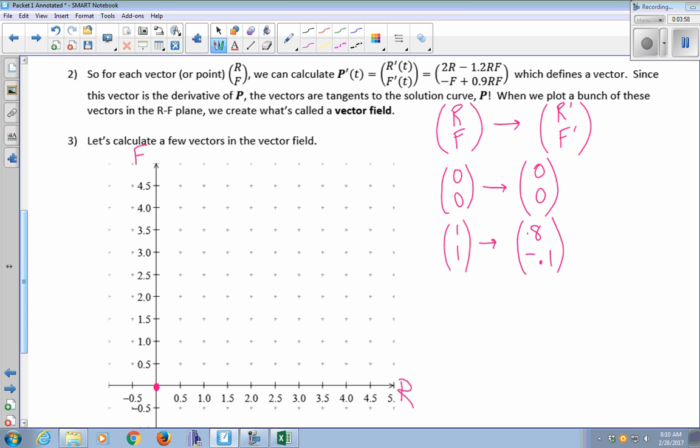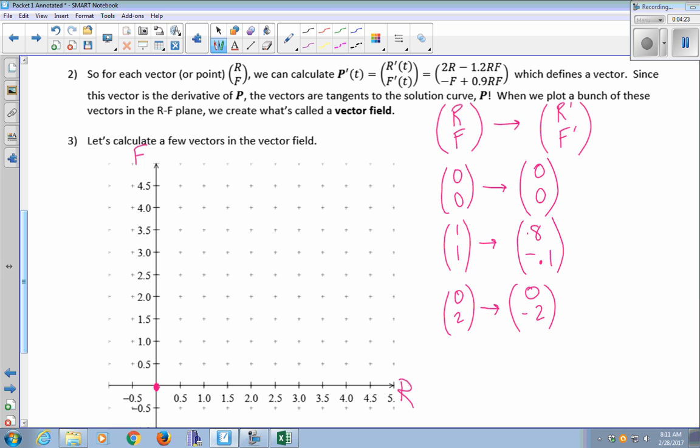And then you could just pick random ones, like maybe 0, 2. Plugging in 0 for R and 2 for F, I get 0 and then negative 2.